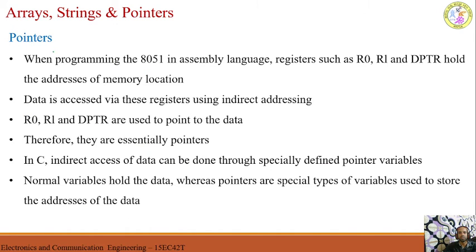And then we have pointers. When programming the 8051 in assembly language, the registers R0 and R1 and DPTR hold the address of the memory location. So in case of indirect accessing, if I want to access a memory location with the help of a register, using the @ symbol, @R0, @R1, @DPTR, then these registers are used as pointer registers to access a particular memory location.